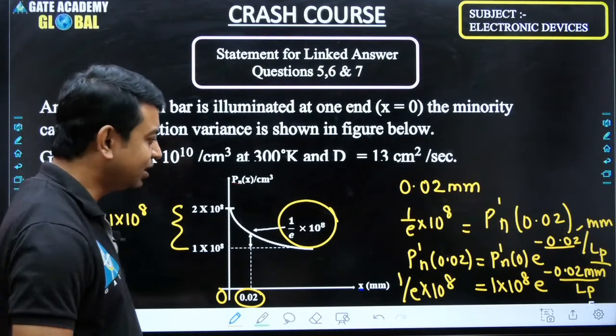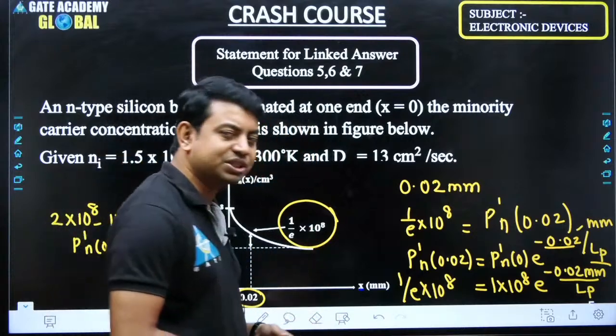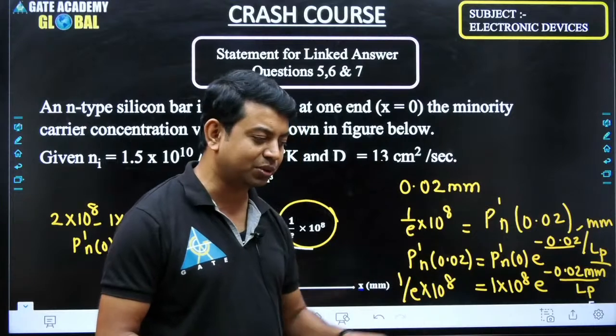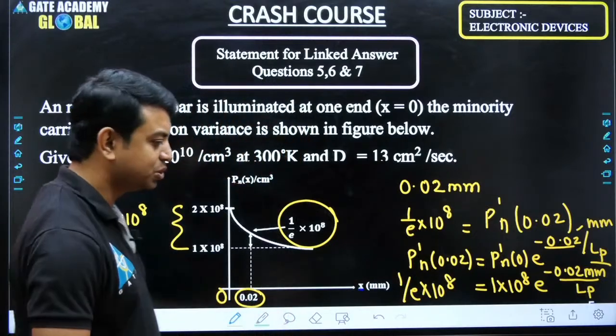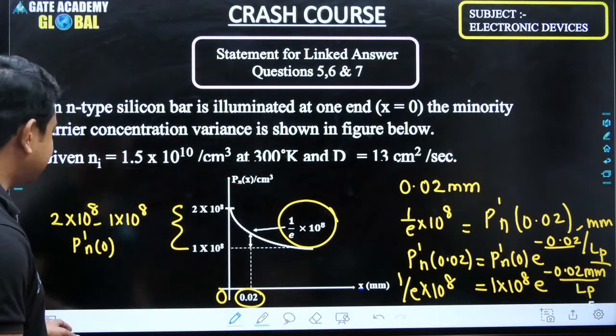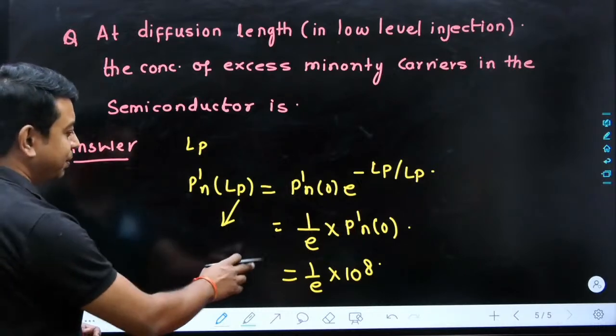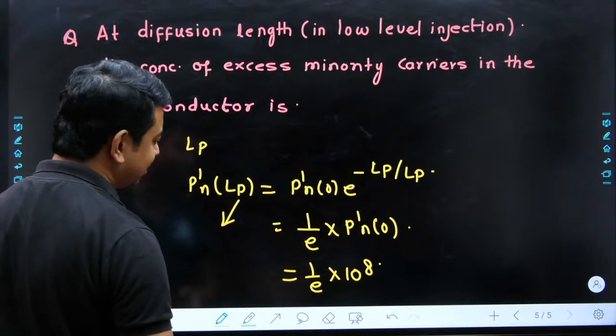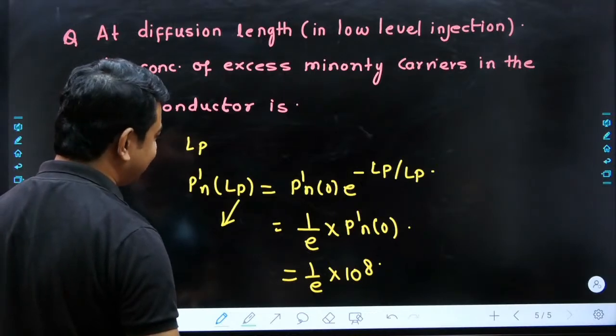So, whenever we understand this concept, we need not write this particular equation to find out the answer. We just have to understand that 1 upon e into 10 to the power of 8 is nothing but the concentration of the charge carriers at diffusion length.